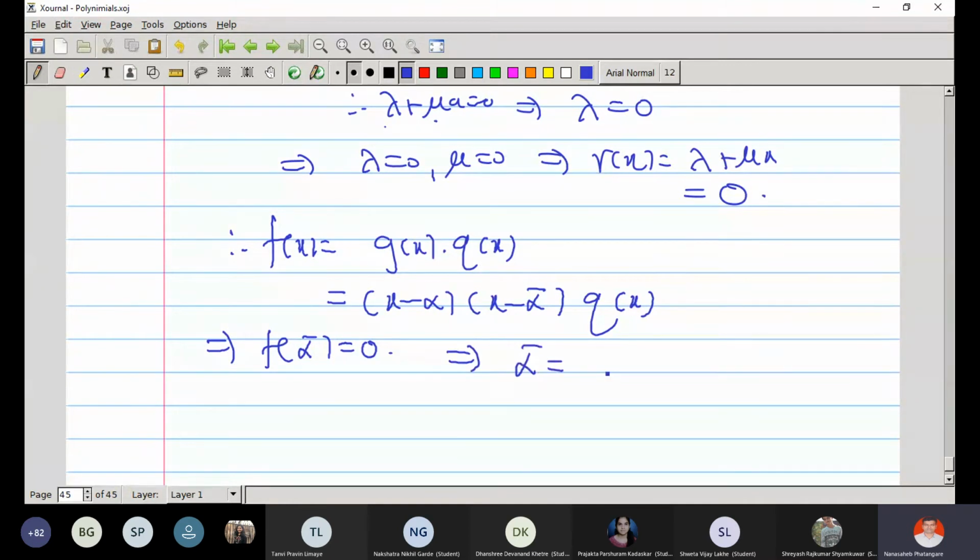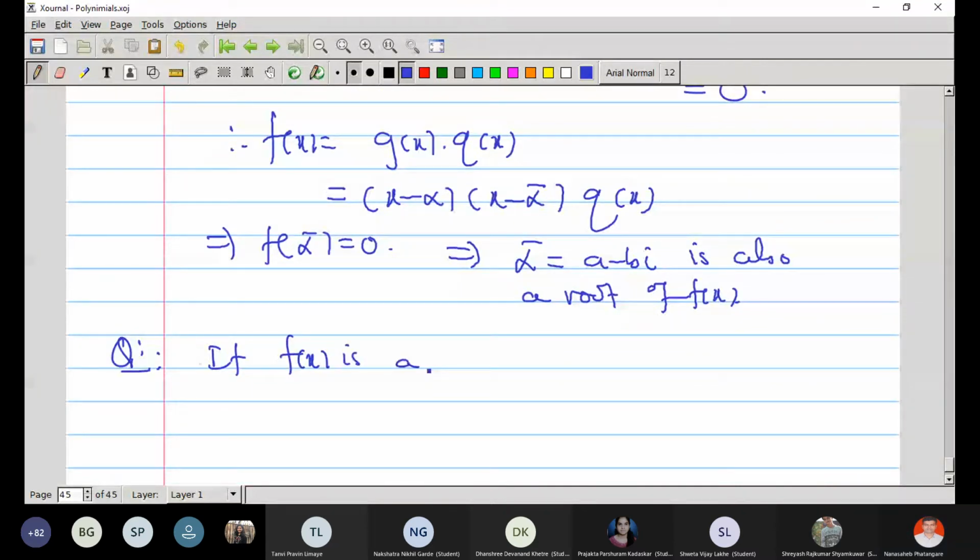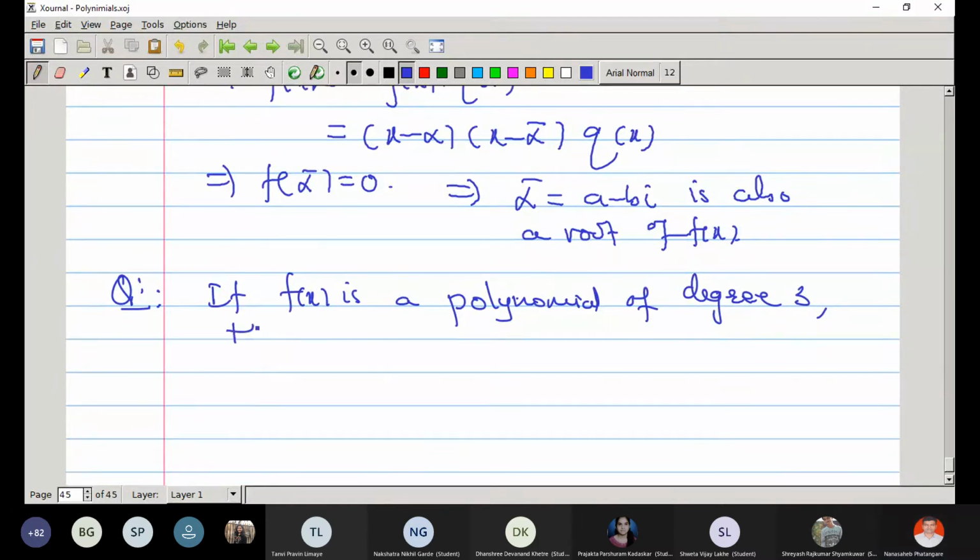Right, so this is what we have proved for the general situation. If a complex number is a root, definitely its conjugate is a root. Question. If f(x) is a polynomial of degree 3, then how many roots can this polynomial have? 3, right?